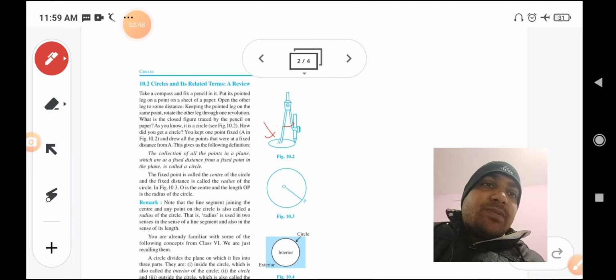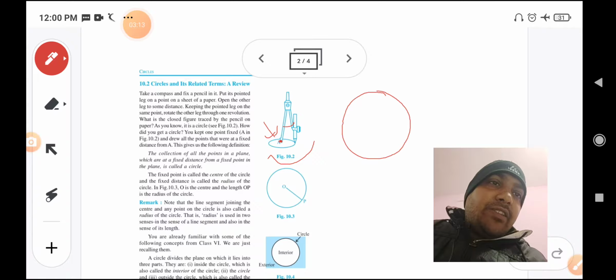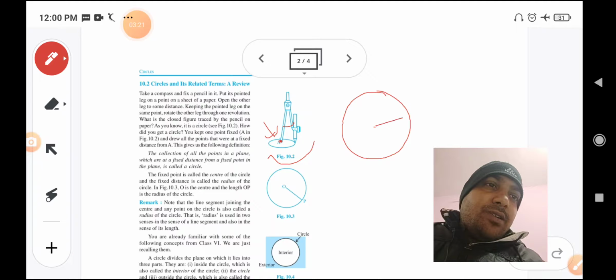We don't have to shift this point, it is fixed. We just move the other leg, rotating it through one revolution, starting from here and making a full revolution. If you try it on your own, you get a figure like this. So this is the fixed point, and this is the fixed distance.